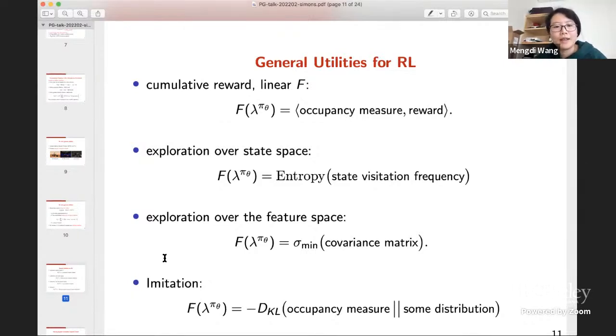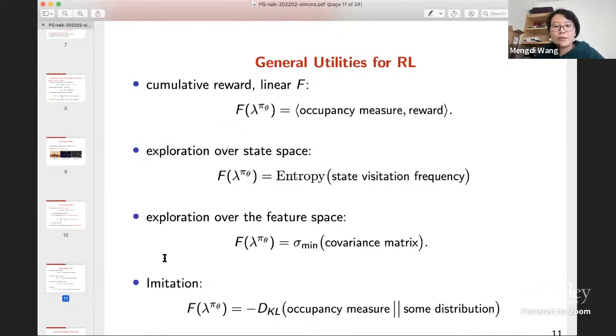So basically, the functional f is linear for standard MDP. And if we want to do exploration, we can simply pick the f function to be the entropy of the state visitation distribution, which is again concave in lambda.